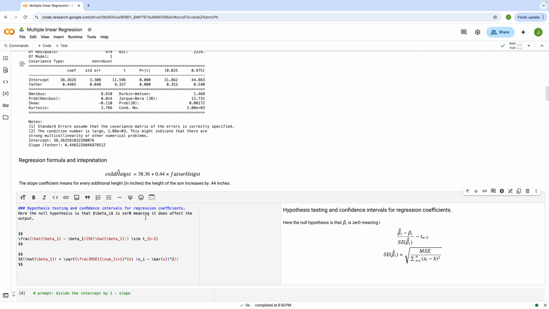The alternative is the two-sided alternative, that it's not zero, meaning it does affect the output.